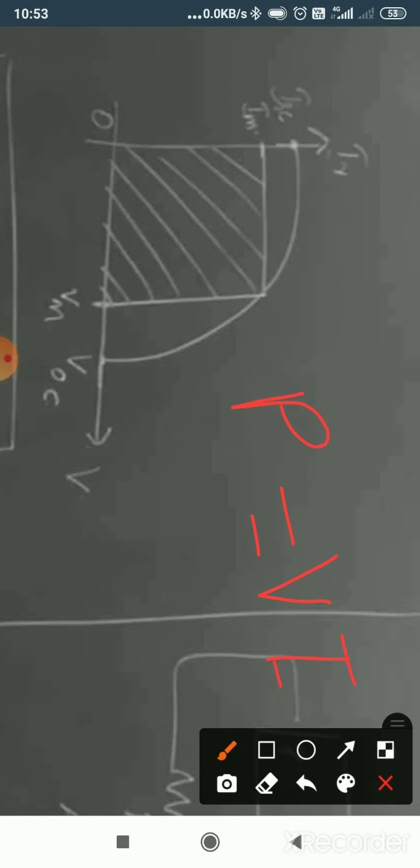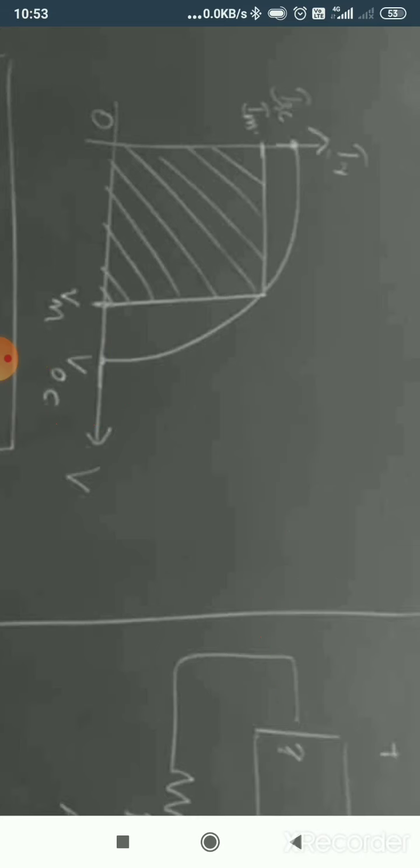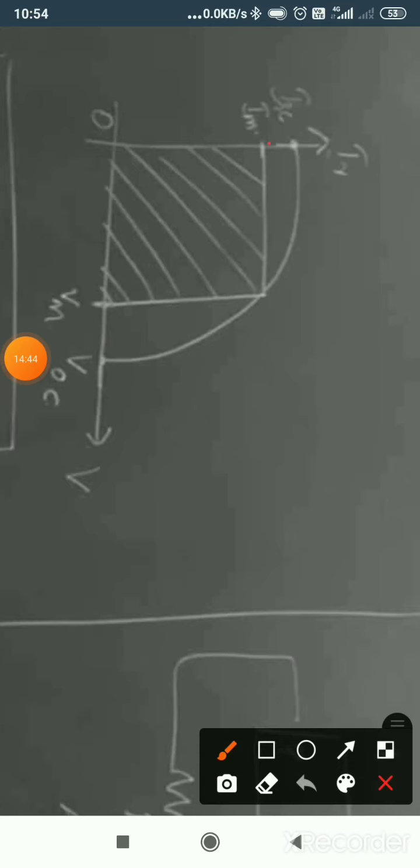Which voltage? The open circuit voltage VOC, and the current is ISC. But practically it won't be the same as VOC and ISC. It will be lesser. So this is the operating area, the maximum power that can be delivered by this solar cell. The maximum power delivered to the load by the solar cell occurs when the product of V and I is maximum.